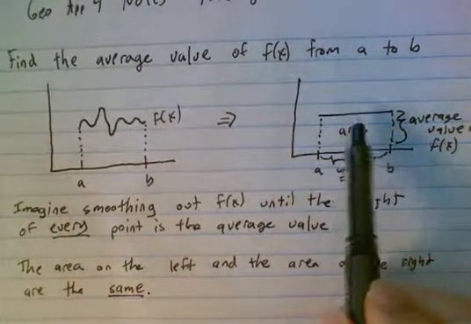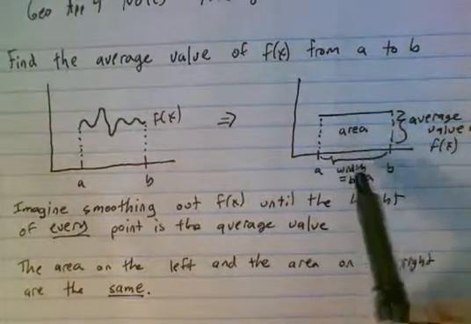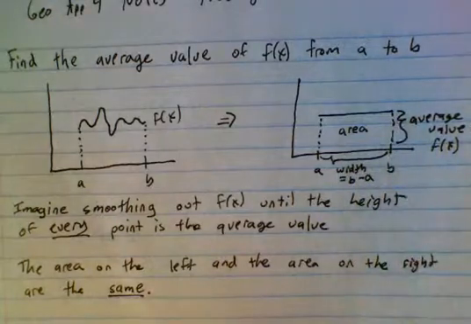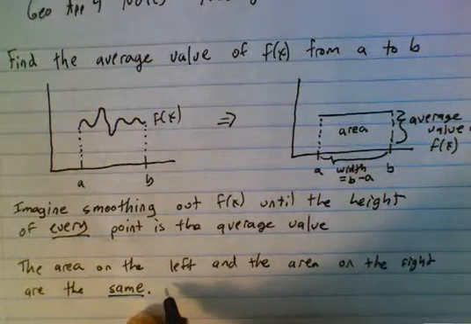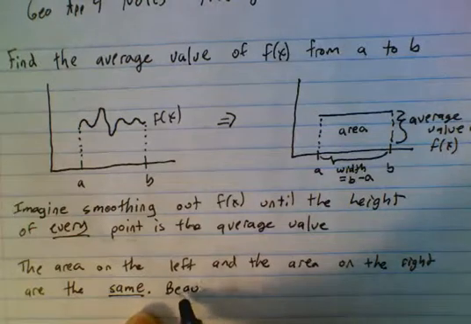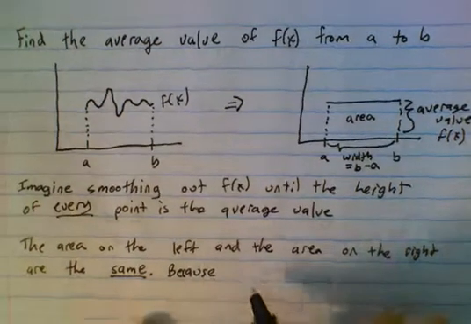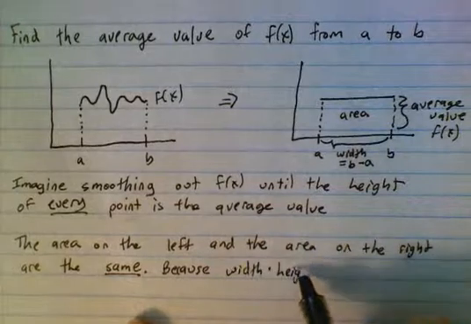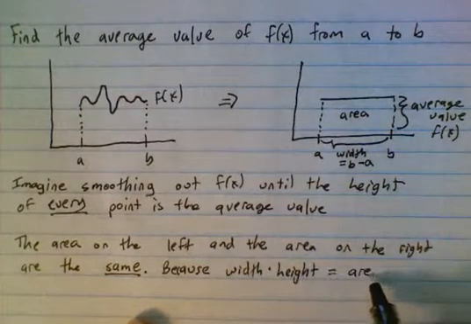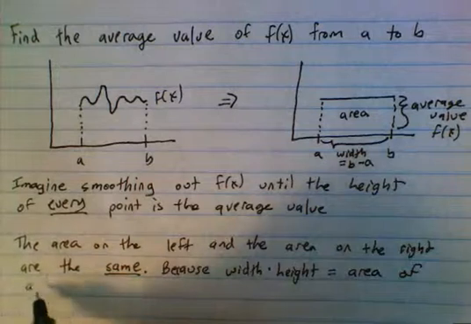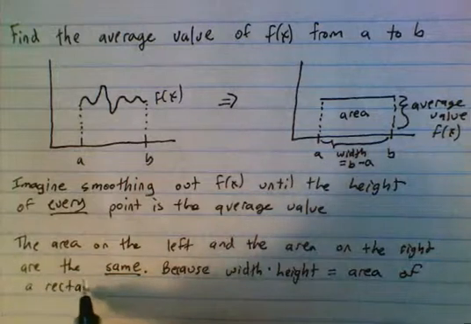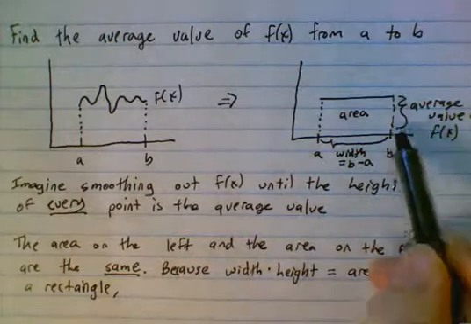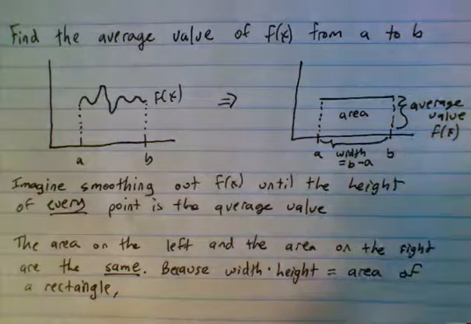And if we know the area of a rectangle, we know that width times height gives us that area. Here, we've got average value for the height. Width is b minus a.